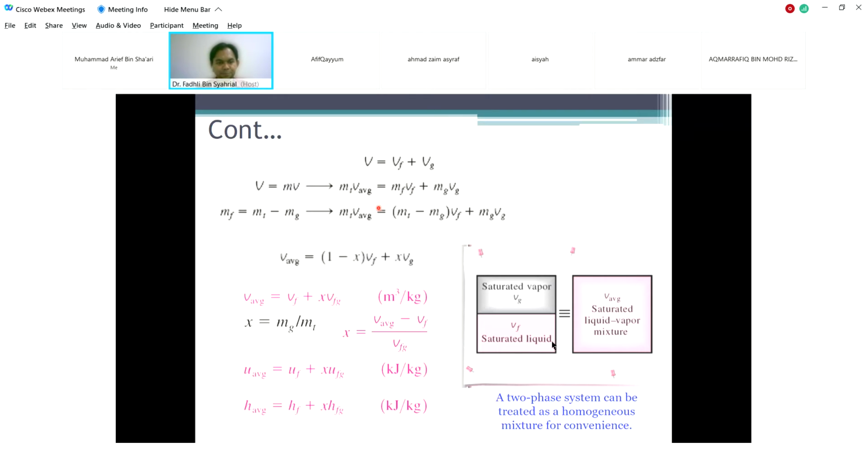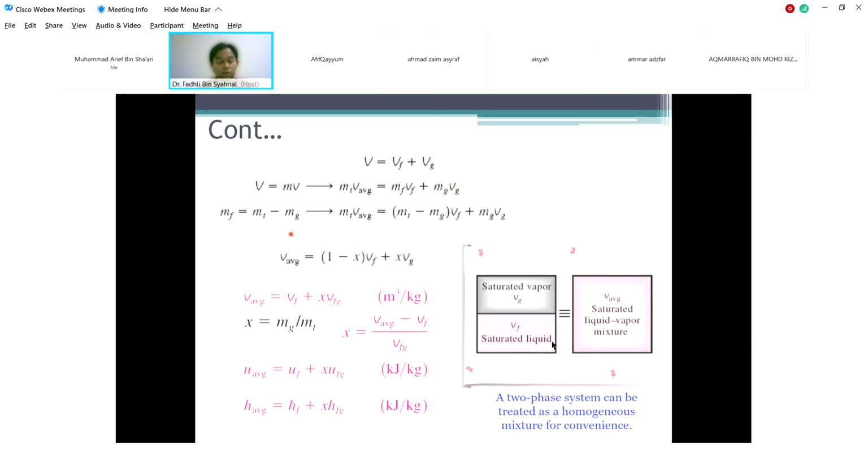Then this mt is the total mass, mf is the mass of the liquid, and mg is the mass of the vapor. So mt equals mf plus mg.